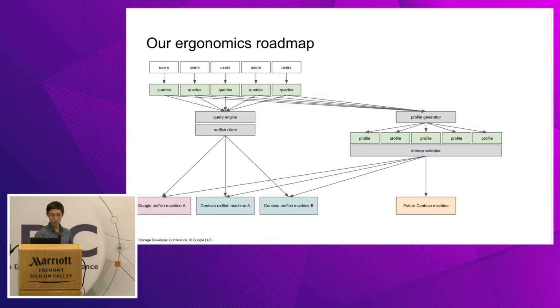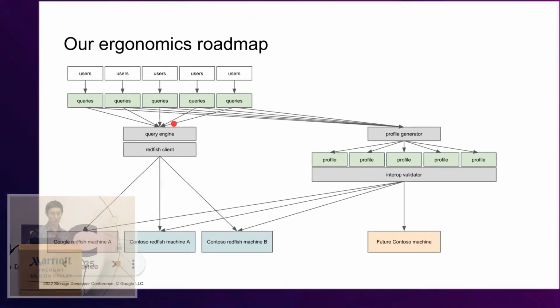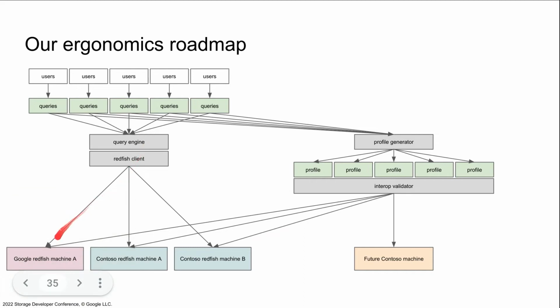So overall, this is the big picture. As we scale up the number of users, we have all the users writing whatever queries that they require for their service. In production, you have the left half where production will take the queries, feed them into a common query engine, and those will be clients for all the different Redfish services that we have in the Google fleet.